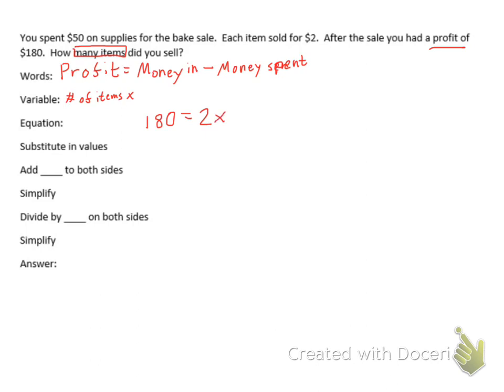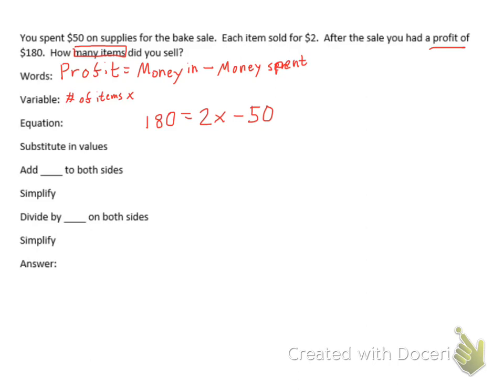If we sold five items, that means we brought in $10. If we sold 20 items, that would mean we brought in $40. So we just need to know what x is. Finally, take out the money spent, and that's $50. So there is our equation.